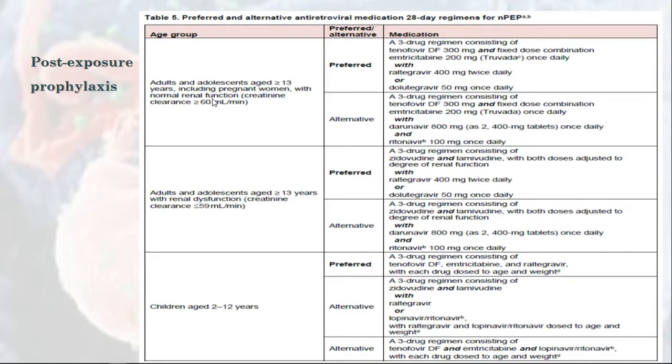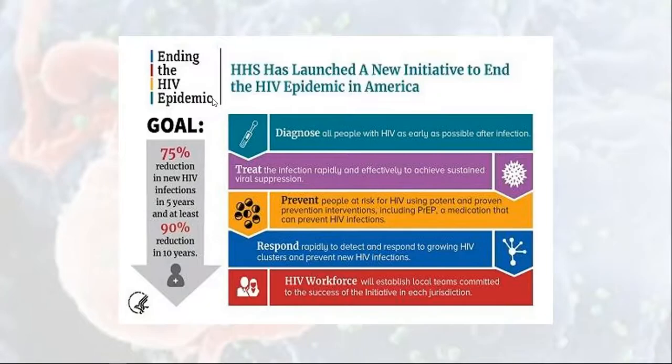One of the goals, according to Health and Human Services, is a 75% reduction in new HIV infections in 5 years and at least a 90% reduction in 10 years.